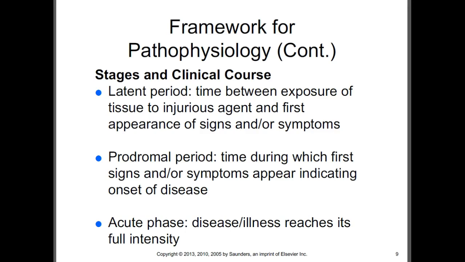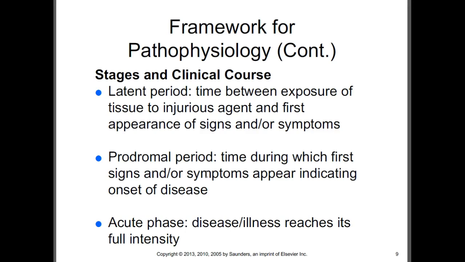Perhaps you're going to have a sore that starts to appear. Then you'll have the acute phase, in which the disease reaches its full intensity. So a prodromal period might be like, say, a cold sore starting to manifest, and then the acute phase is where you see the complete effect of herpes. Herpes, upon initial infection, could actually have very flu-like symptoms.